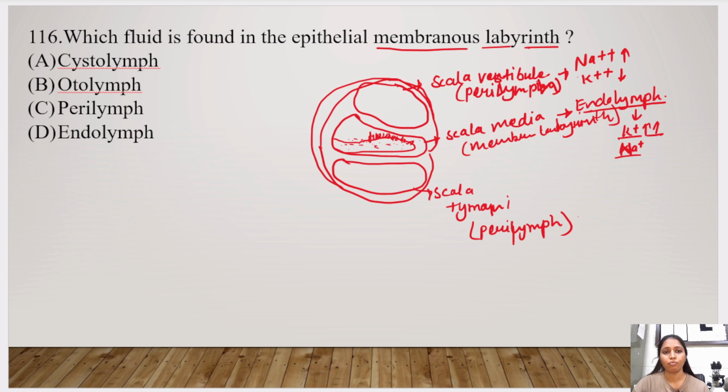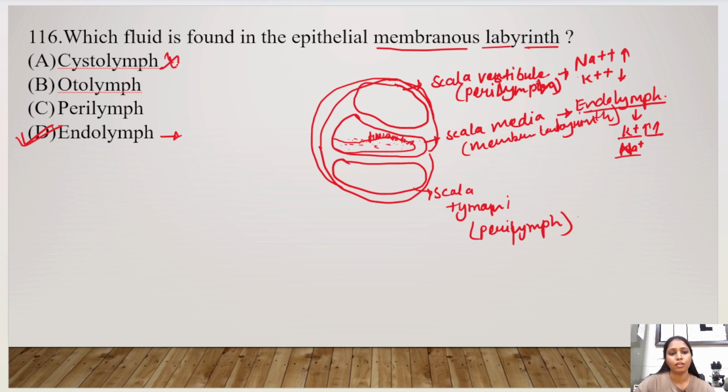So this is the part of the inner ear located within the bony labyrinth, and it is filled with a special type of fluid known as endolymph, and it plays a crucial role in hearing as well as balancing. So option number D is correct for this question. Endolymph is found in the membranous labyrinth and between the bony labyrinths.